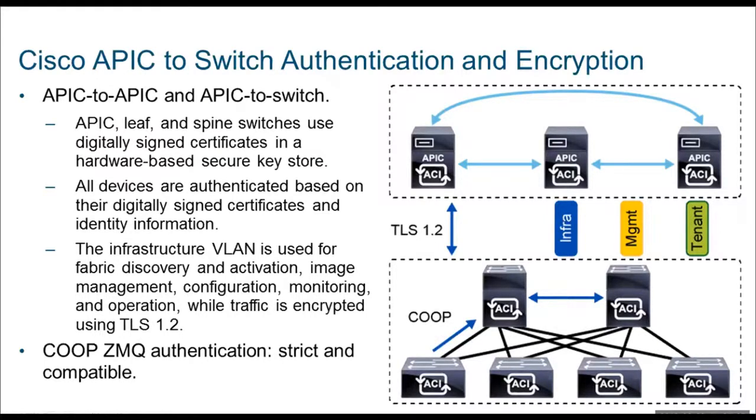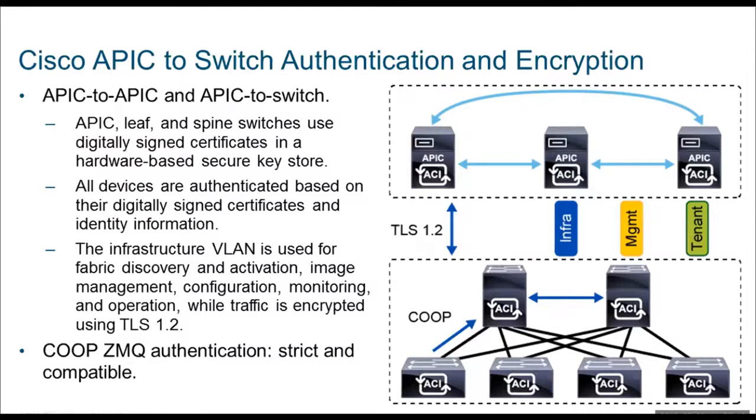Now we look at the APIC to switch, authentication and encryption. The APIC is a server. It has a TPM module in there, the Trusted Platform Module, where it stores its digitally signed certificates. TPM is well known as a hardware cryptographic module. The switches, the Nexus switches, have an Act 2 module.